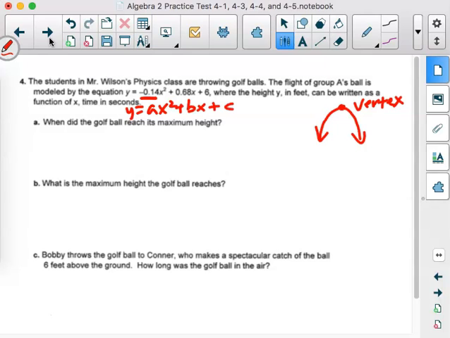And you find the x-coordinate of the vertex by using negative b over 2a. So I'll have to do negative 0.68 divided by 2 times negative 0.14. So that's going to give me the x value that I have for my vertex, and that is 2.43 seconds.